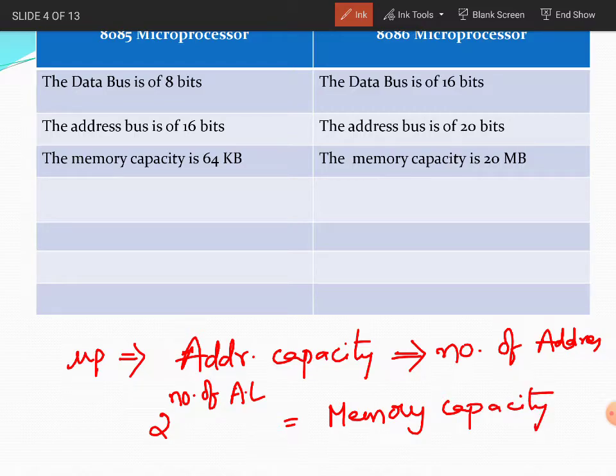In the case of the 8085 microprocessor, the number of address lines is 16, so 2 power 16 is nothing but 64 KB. And in the case of the 8086 microprocessor, the address bus is 20 bit, so 2 power 20, which is nothing but 1 megabyte.